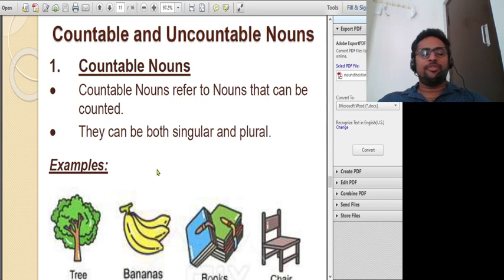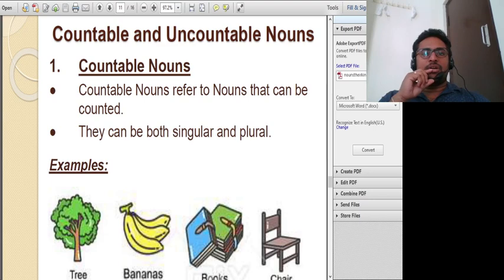For uncountable we don't have a plural form. For example, milk. Can we pronounce milk as milks? No, right? Rices? No. So we do not have a plural form for the uncountable nouns.